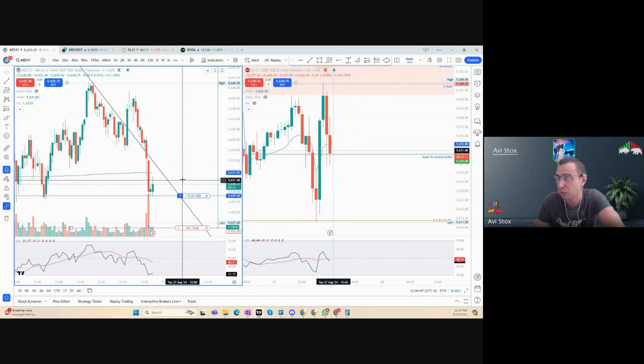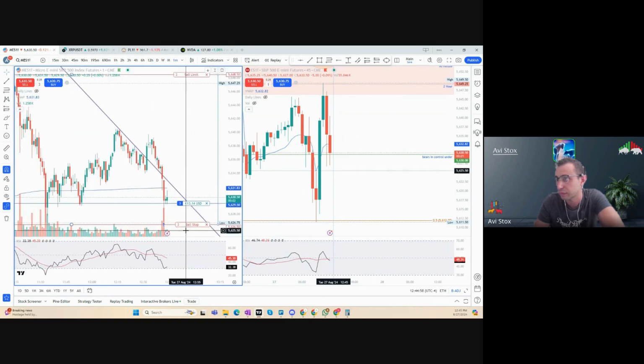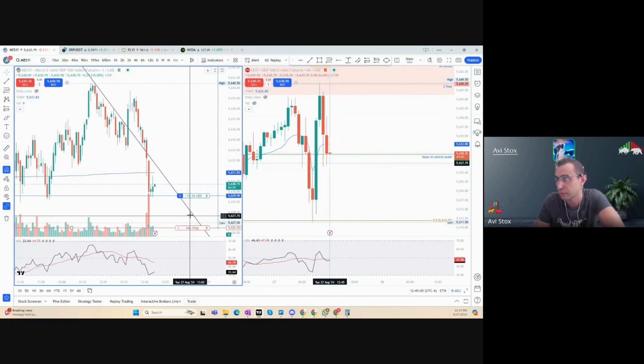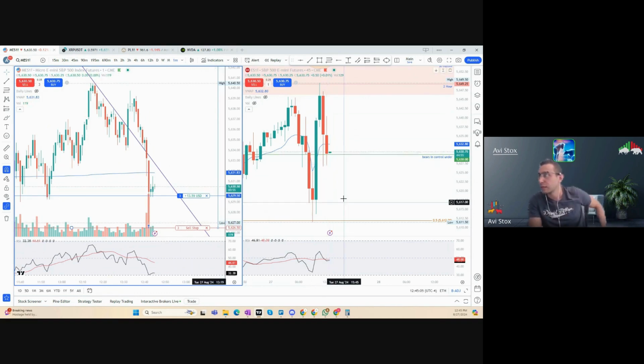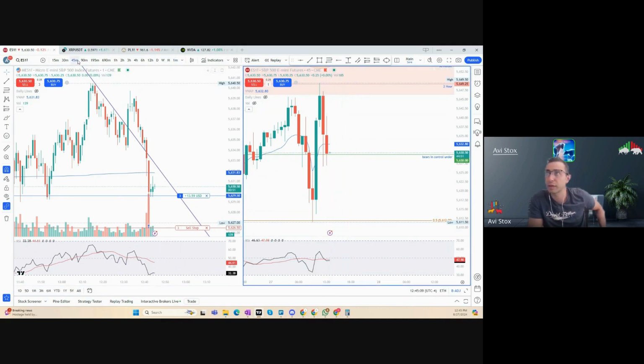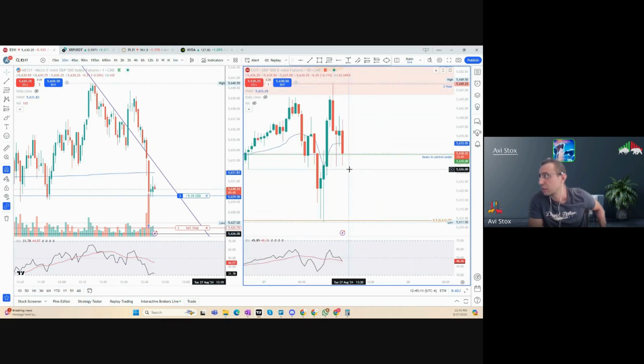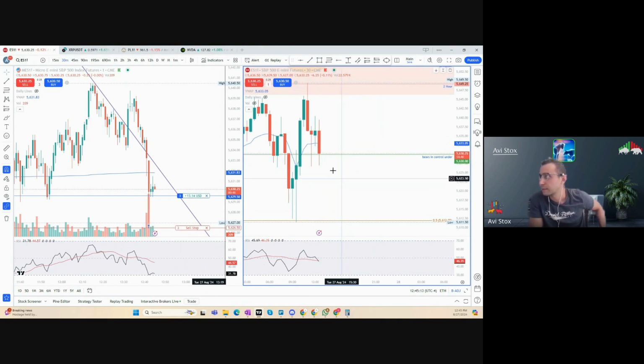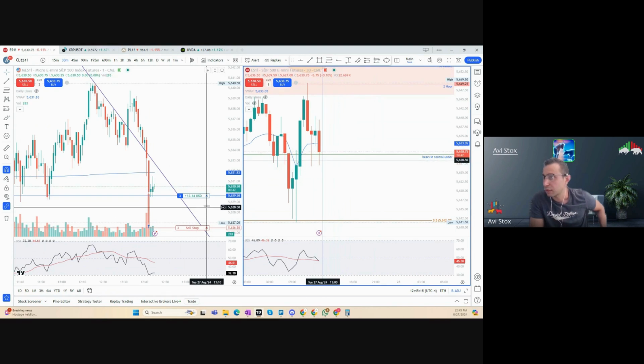I almost want to exit here to re-enter if anything here, and I can enter with 6 shares, risking 2 here. Okay, new 30 minutes, 12. It's 45 minutes. Interesting.